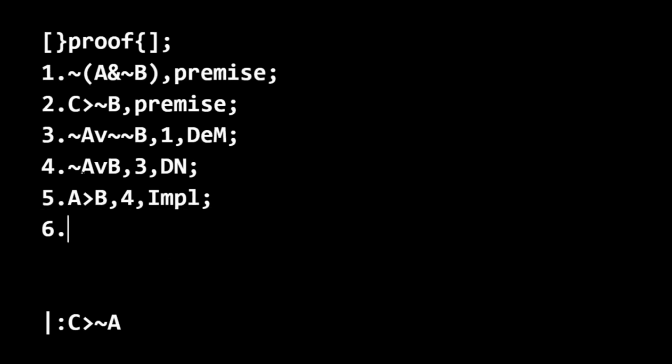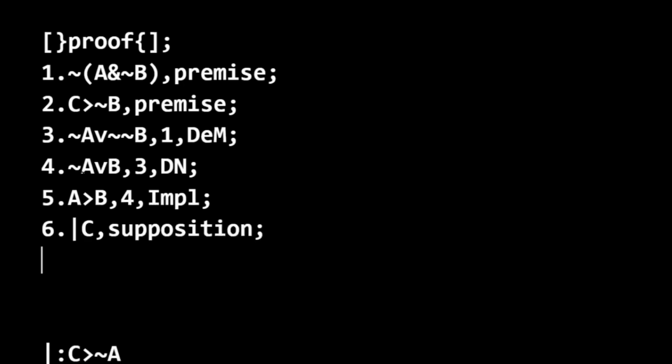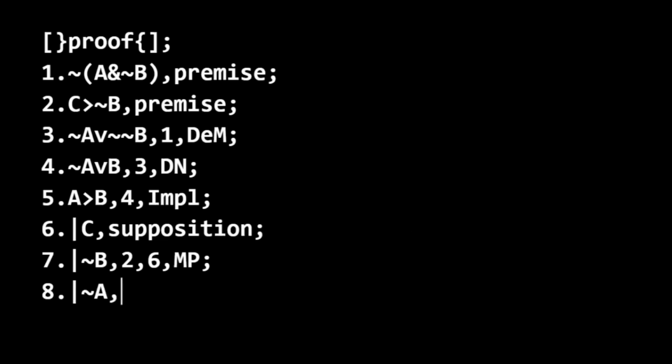Now let's suppose C in line 6, and see what comes out of that. We can get not B from lines 2 and 6 by modus ponens. This is all very familiar to what we did before. And we can get not A from lines 5 and 7 by modus tollens.